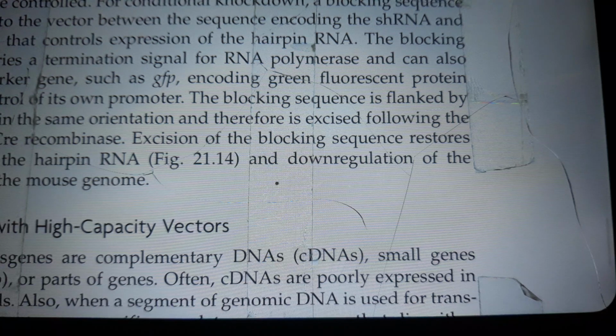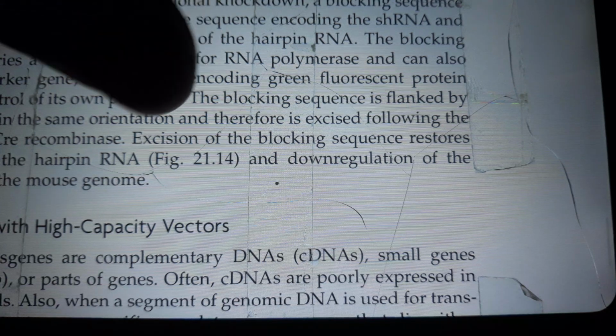The blocking sequence carries a terminal signal for RNA polymerase and can also contain a marker gene such as GFP, encoding green fluorescent protein, under the control of its own promoter. The blocking sequence is flanked by two loxP sites in the same orientation and therefore is excised following the induction of recombinase. Excision of the blocking sequence restores expression of the hairpin RNA and downregulation of the target gene in the mouse genome.